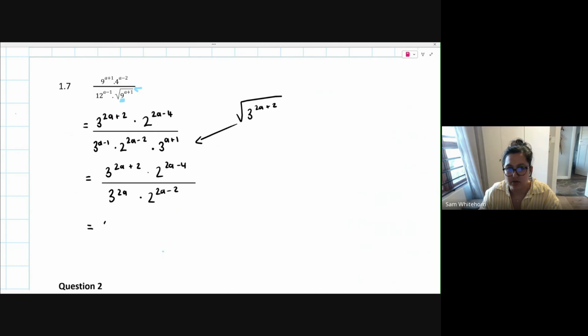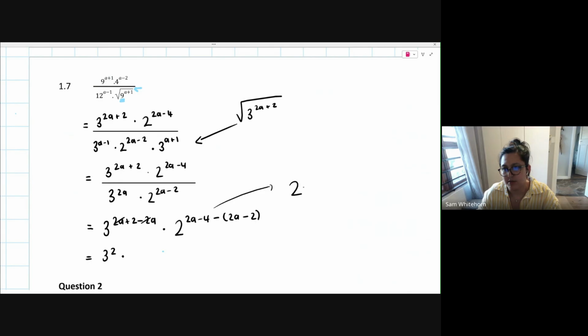Then I'm going to subtract. So 3 to the power 2a plus 2 in the numerator minus 2a in the denominator, times 2 to the power 2a minus 4 in the numerator minus 2a minus 2. So then we distribute that in. 2a minus 2a, so we're just left with 3 squared, plus, if we distribute this, 2 to the power 2a minus 4 minus 2a plus 2.